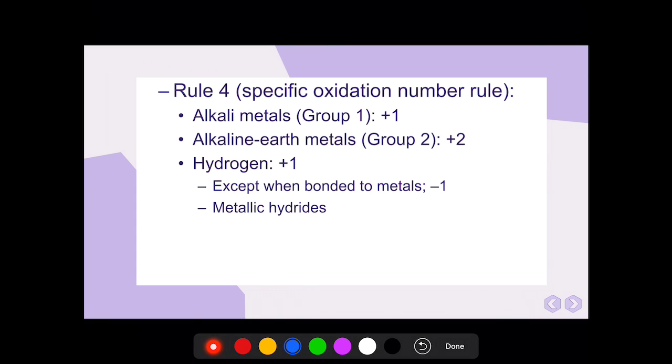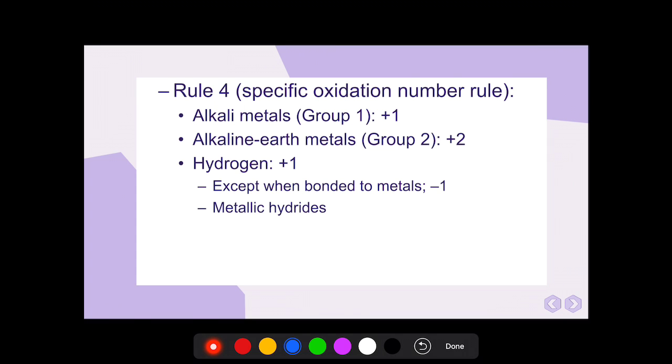Look at the next one, alkaline earth metals, group 2. That's column 2. All of those elements have an oxidation number of +2. So they'll always have that. Hydrogen is +1. The only exception is when hydrogen is bonded to a metal. If hydrogen is bonded to a metal, then its oxidation number is going to be -1.